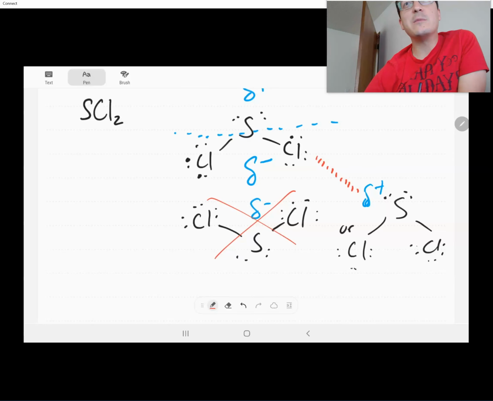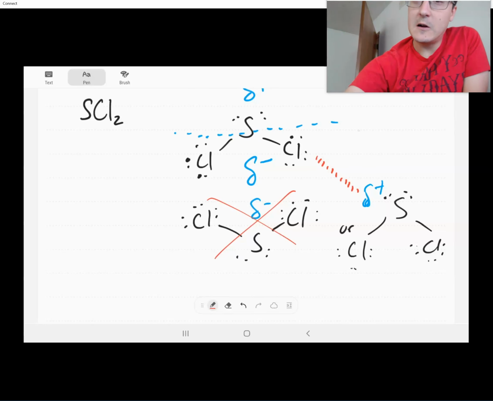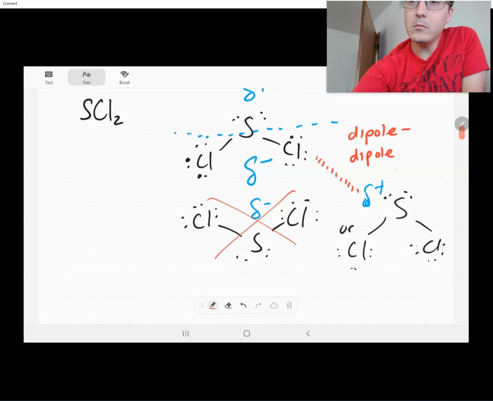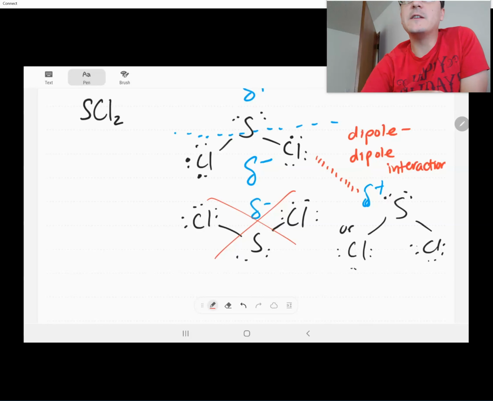That is an intermolecular force called a dipole-dipole interaction. A slightly positive end of one molecule is interacting with a slightly negative end of another molecule.